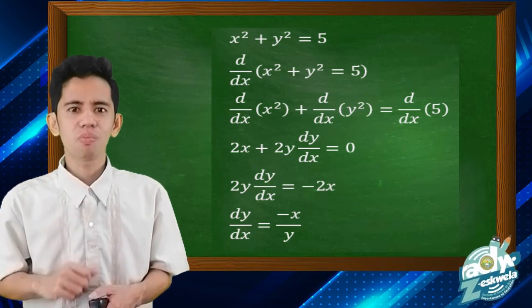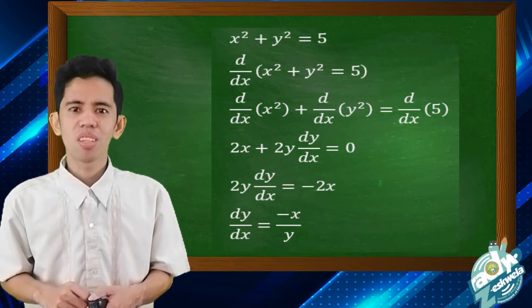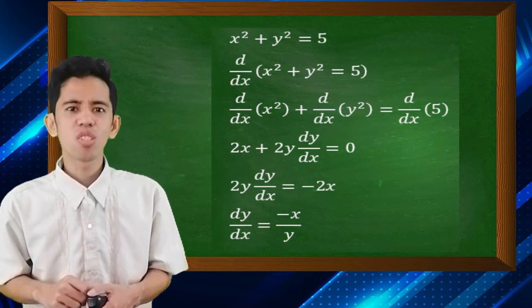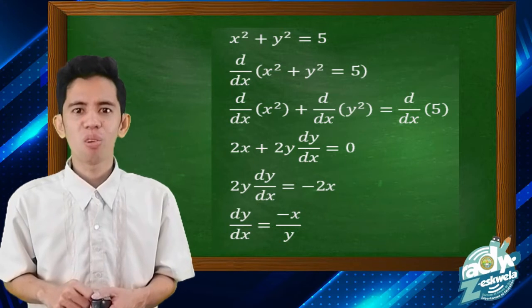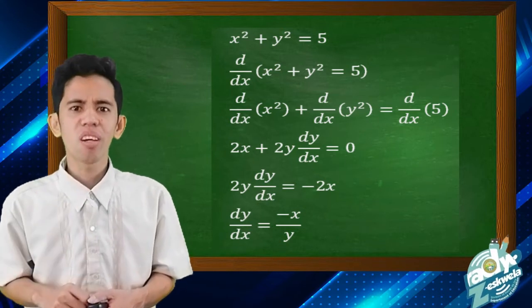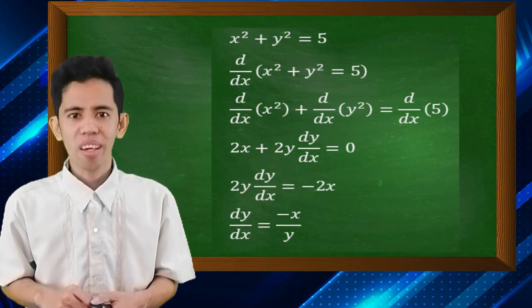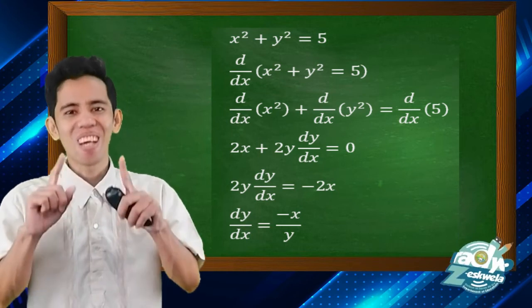Next step, solve in terms of dy over dx by changing the position of our terms. Then dy over dx is equal to negative x over y. And that is the answer.